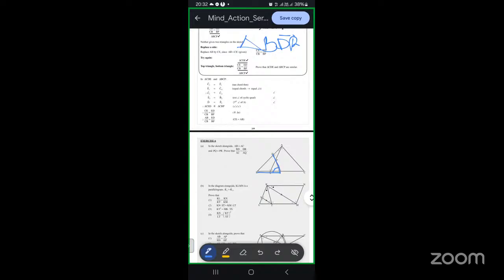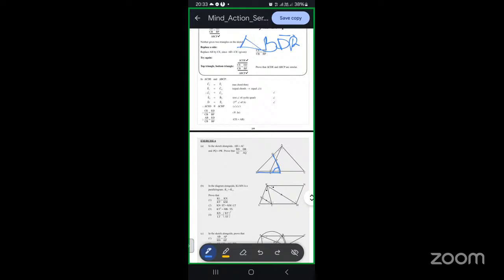Then what were going to be your reasons? DR is common, BR is common, and angle R1 is common, which would mean I'm using side angle side.